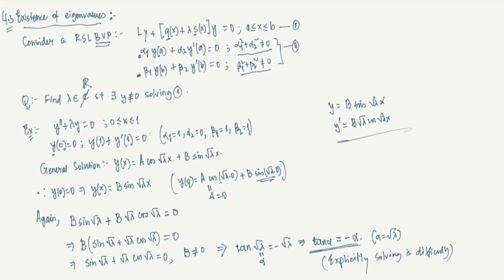Now, if you look at the graph of this, I will just give you a small idea of the graph. The graph of the tan will look like this. The drawing is not very good, but you have to excuse me for that. It looks something like this.